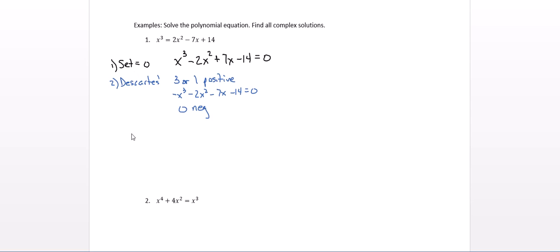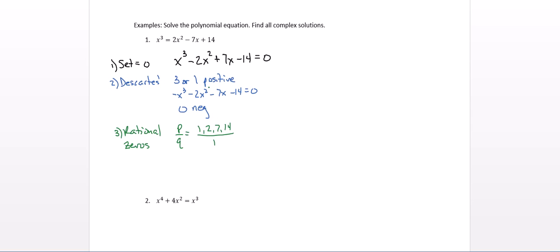Okay. And then I'm going to use the rational zeros theorem. The rational zeros theorem says all my rational zeros of the form p over q will have factors of the constant term divided by factors of the leading term, 1.